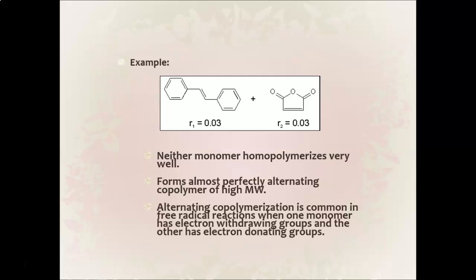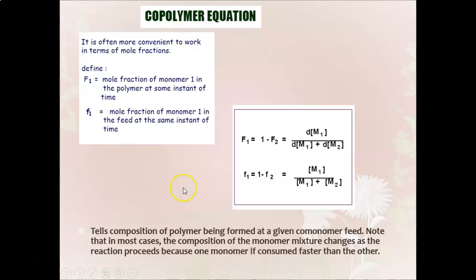Alternating copolymerization is common in the free radical reaction when one monomer has electron withdrawing groups and the other has electron donating groups. It is often more convenient to work in terms of mole fraction. We can define capital F1, which is the mole fraction of monomer 1 in the polymer at some instant of time, and small f1 is the mole fraction of monomer 1 in the feed at the same instant of time.